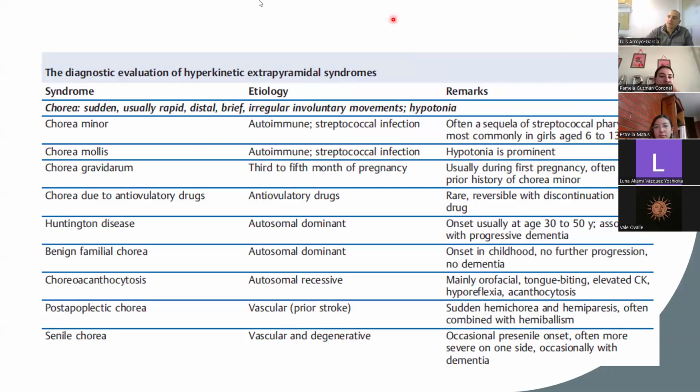Then we have the etiology: different diseases that have chorea as one of the symptoms.